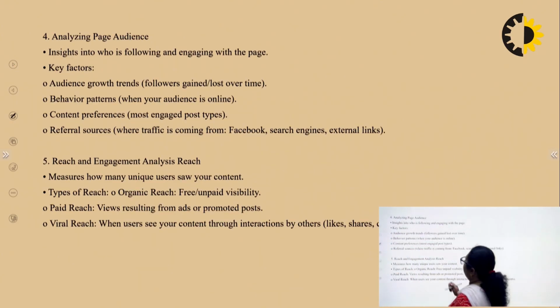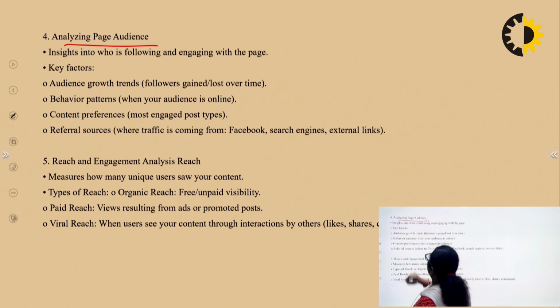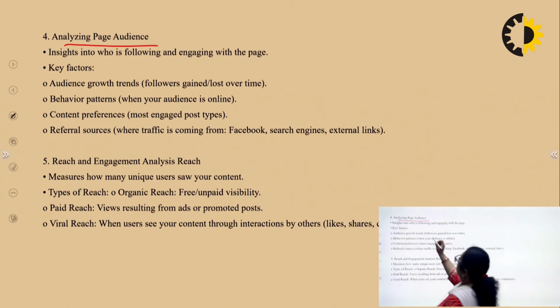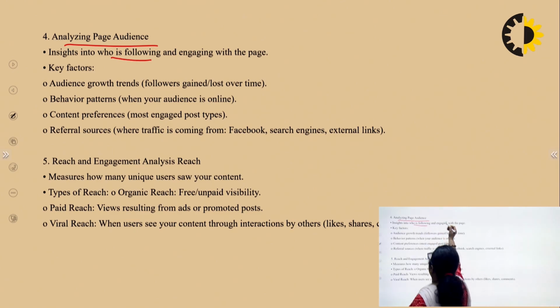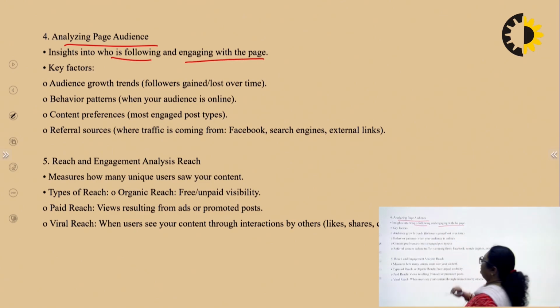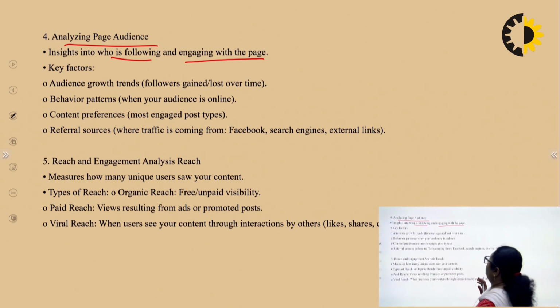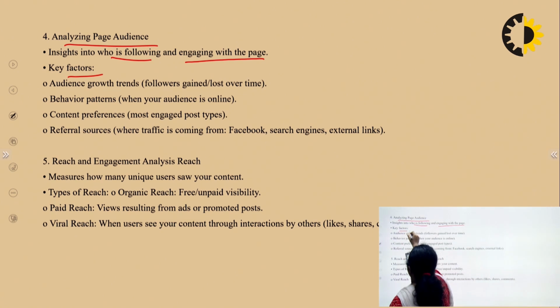So, analyzing page audience. Page audience is basically the insight into who is following the page and engaging with the page at that particular time. So, what are the key factors for page audience?